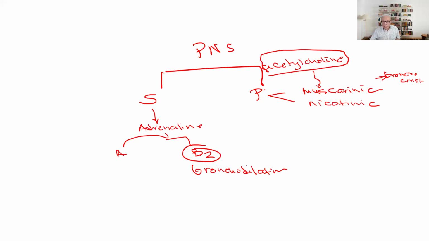So wouldn't it be logical that if we have drugs that block this, then we can have bronchodilation? If I block this, we will not have bronchoconstriction. So anticholinergics therefore inhibit the muscarinic receptors and reduce the tone of the airway, causing the airway to dilate.